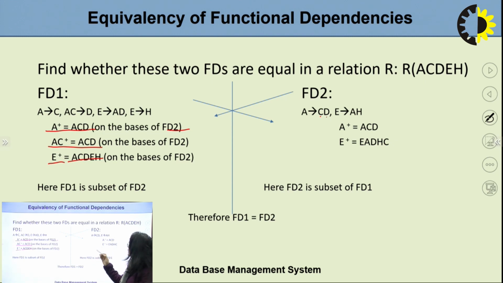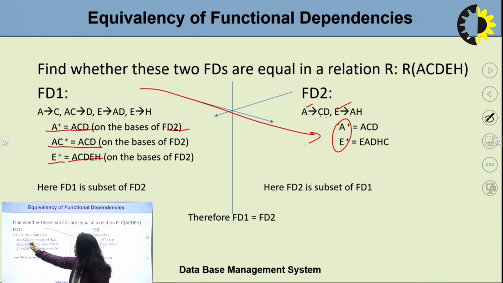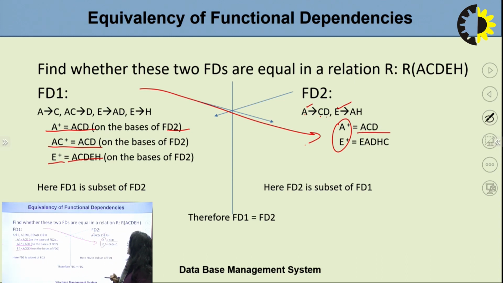Now similarly, we'll find the closures of A, AC and E from the functional dependency set FD1, right? Closure of A: if we have A, we can find C. If we have AC, we can find D. So what are we able to find? ACD.